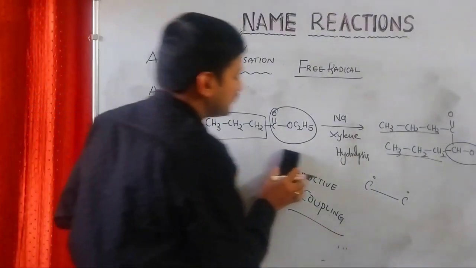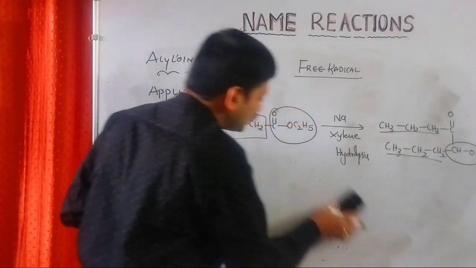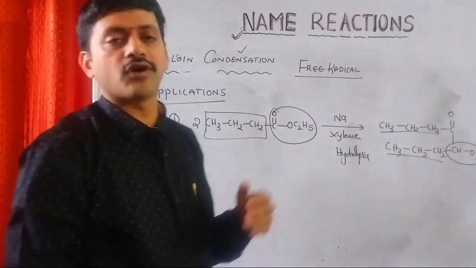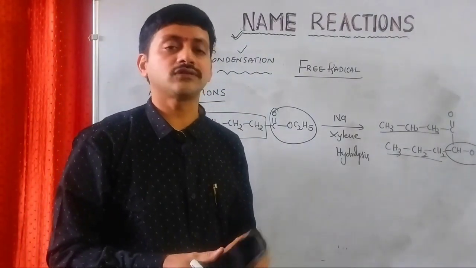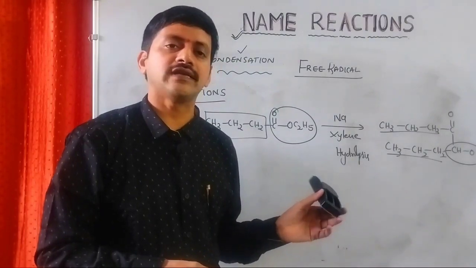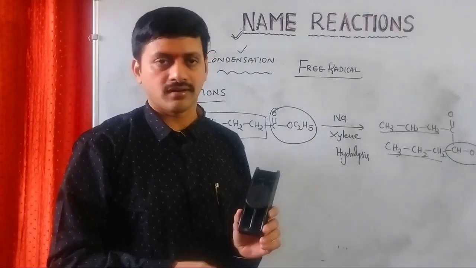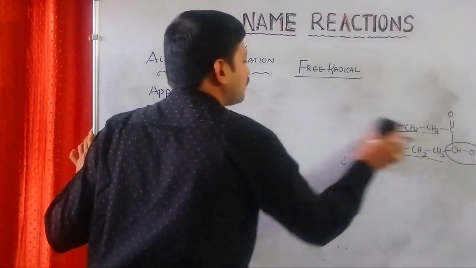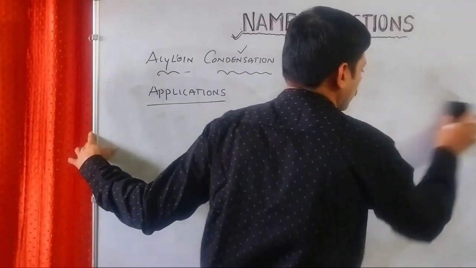In general, this particular reaction is useful in the synthesis of cyclic compounds. If you want to synthesize cyclic compounds, the Acyloin condensation is the best example. Let's see some of the applications related to the formation of cyclic compounds.